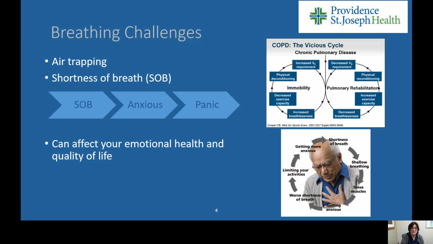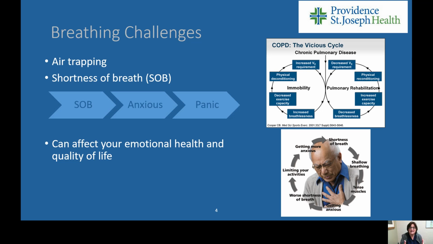When we talk about challenges that happen when we get short of breath, we talk about air trapping. So what happens with air trapping? In people who have COPD, the disease process affects the alveoli, right down low where oxygen and carbon dioxide pass each other.